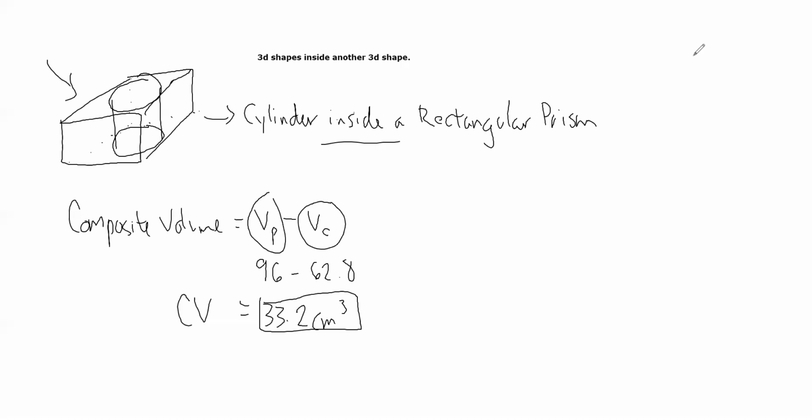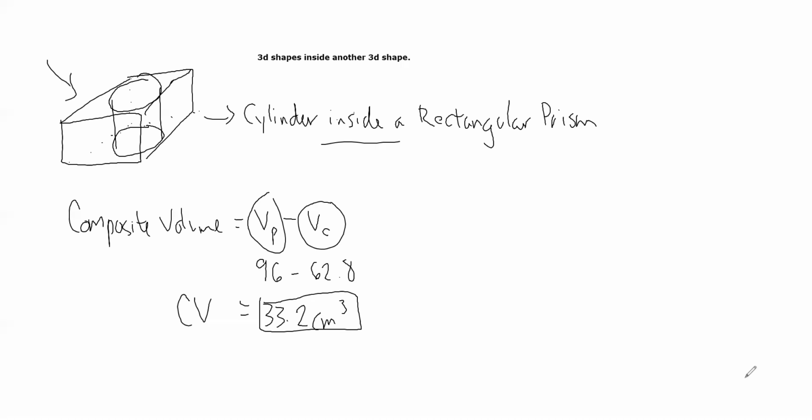So 96 minus 62.8 is 33.2 centimeters cubed, meaning that after I removed a bunch of its volume, the volume left is naturally going to be smaller. That's the distinction you're going to have to make. These problems are not necessarily hard, the math isn't going to be crazy, but you are going to have to look out for minor details.